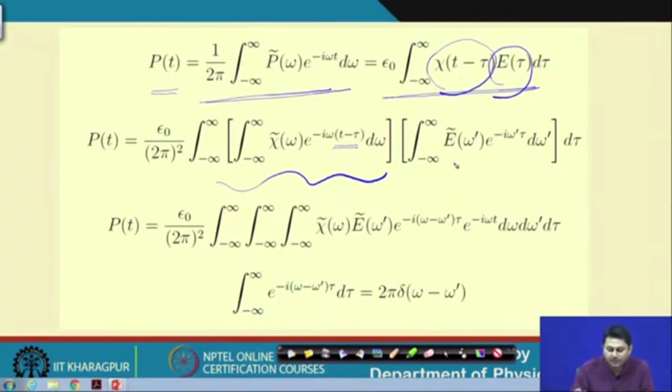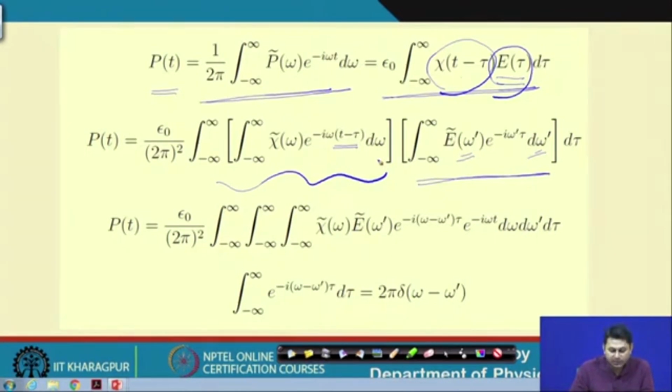For the second Fourier transform, for E(t), I will do the same thing. Only one thing you should note: instead of using omega I am writing omega prime, and I can do that because omega is a dummy index. When you integrate, you are integrating over omega, so it does not matter whether you write omega or omega prime.